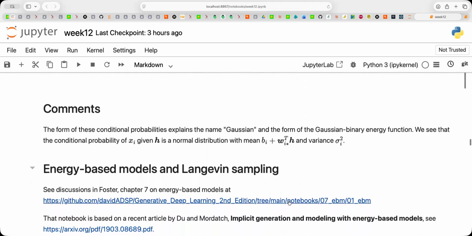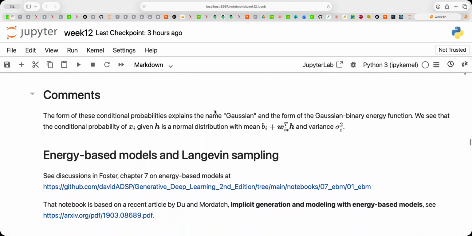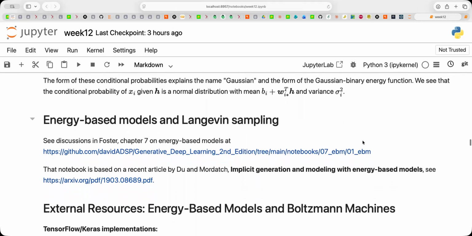Okay, so the form of these conditional probabilities, like the last one explained, named Gaussian, and the form of the Gaussian binary energy function. If you go into this textbook by Foster and go to the GitHub address, you will find an example using TensorFlow where they have replaced the simple binary Gaussian binary with a convolutional neural network.